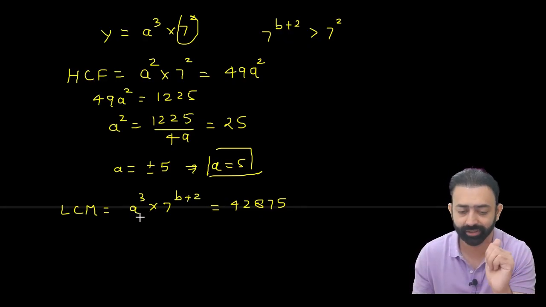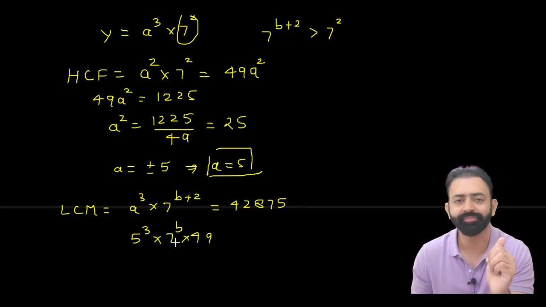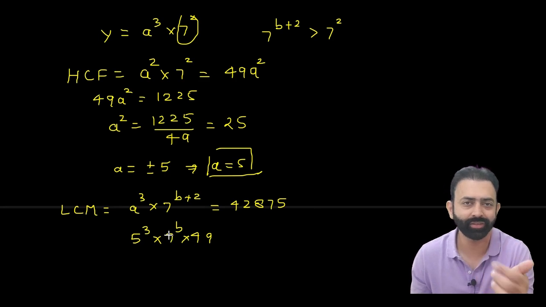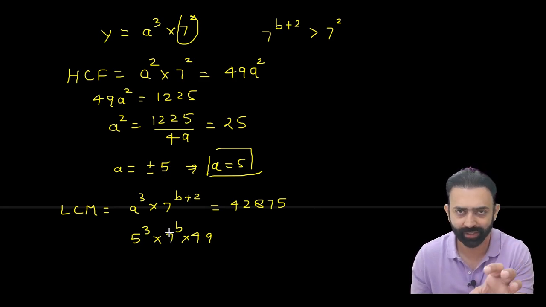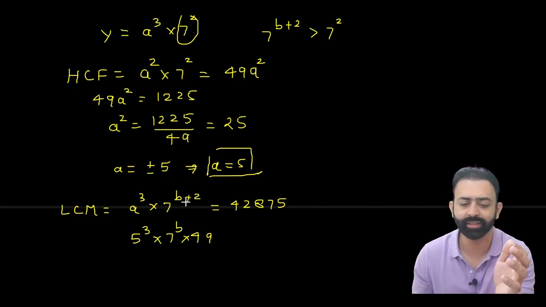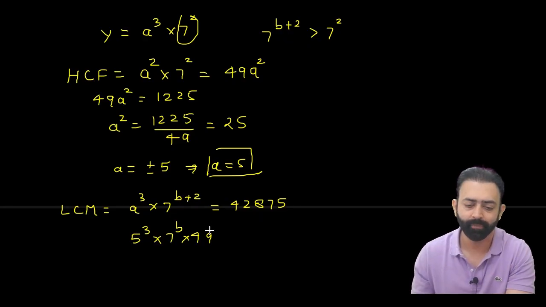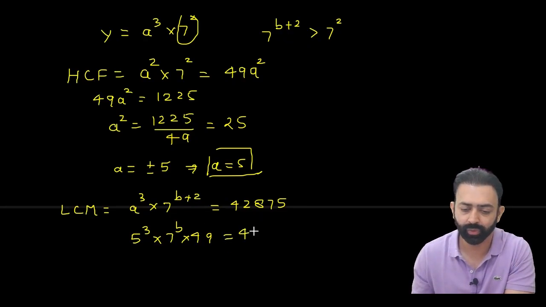So putting a as 5, 5 cube into 7 raised to power b plus 2 can be written as 7 raised to power b into 49. Although laws of exponents is the next topic, for now I think you know that 7 raised to power b plus 2 can be written as 7 raised to power b into 7 square, which is 49. So this is equal to 42875.